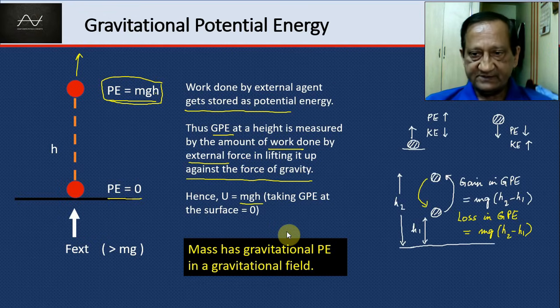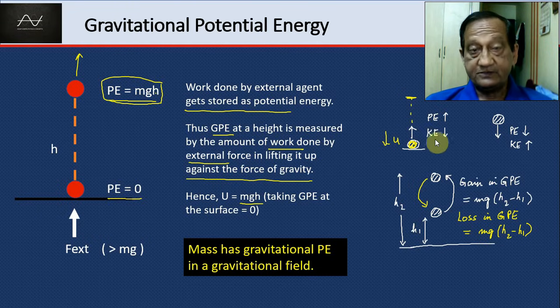See some cases, if you throw a body with some speed, then the speed u keeps on reducing and finally it stops at some point. The speed is reducing, the kinetic energy is reducing, but the height is increasing, so potential energy is increasing. Whatever is the increase in potential is the same as the decrease in kinetic.